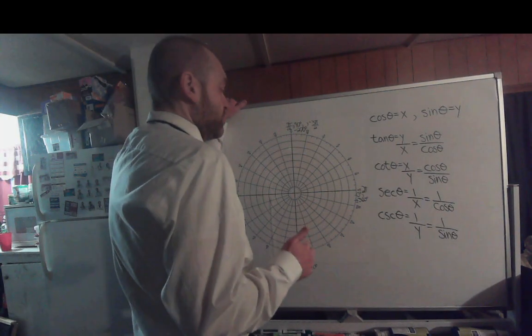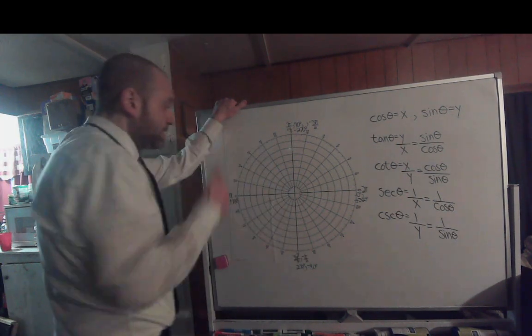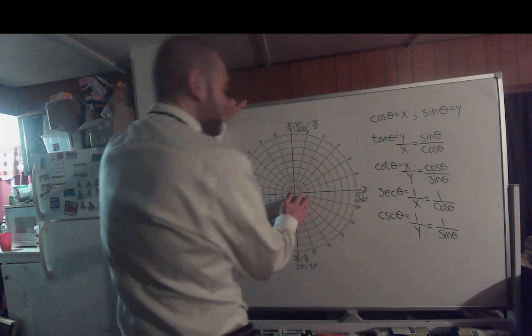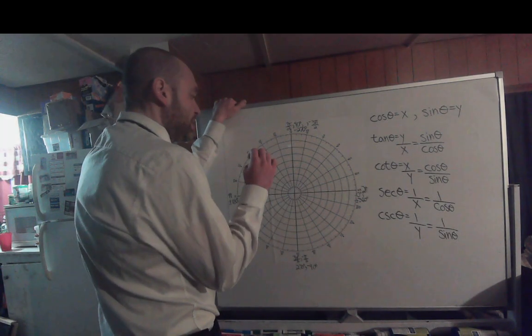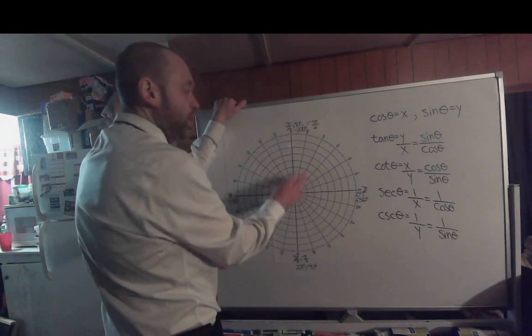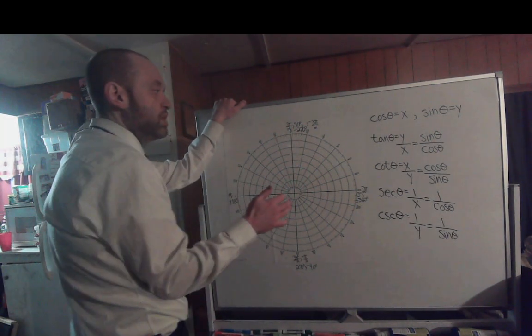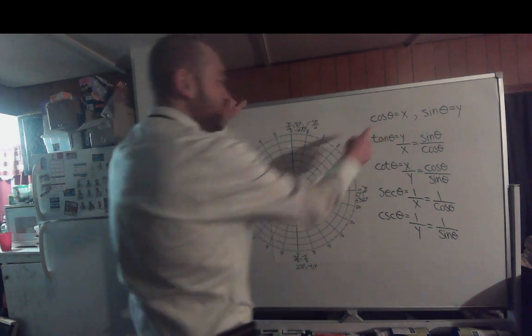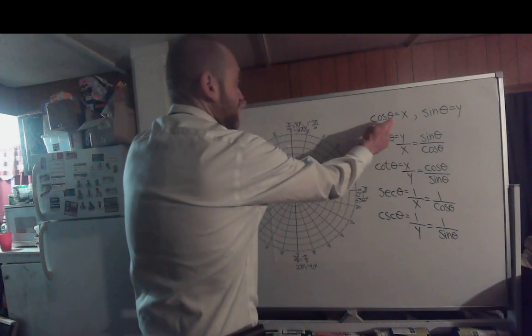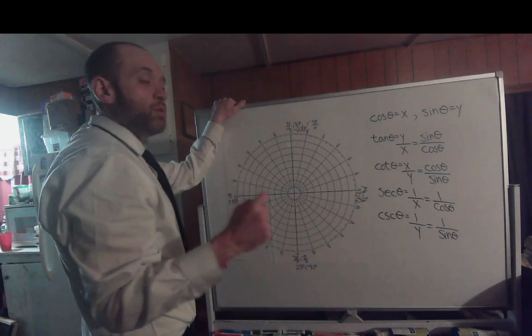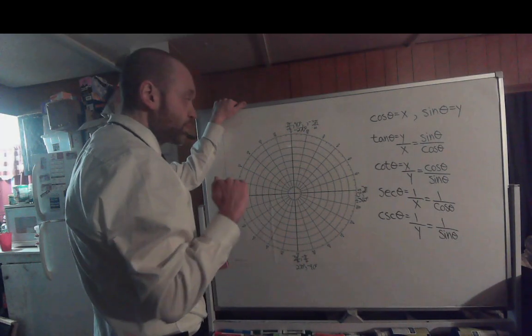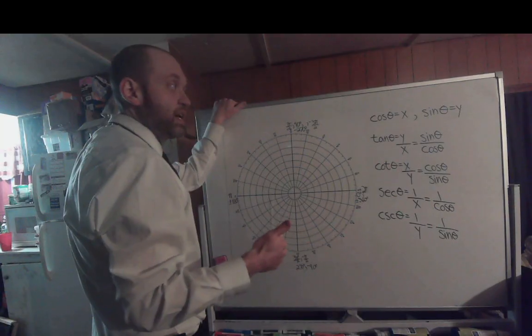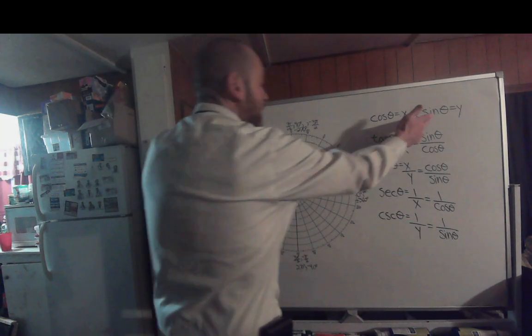First things to note: if you're going to find the value of the x and y coordinates at a certain angle, it's helpful to know that the cosine of the angle is your x coordinate, and the sine will always be your y coordinate. So that makes life easy. Cosine is x, sine is y.